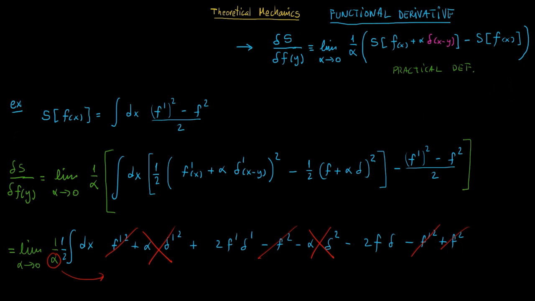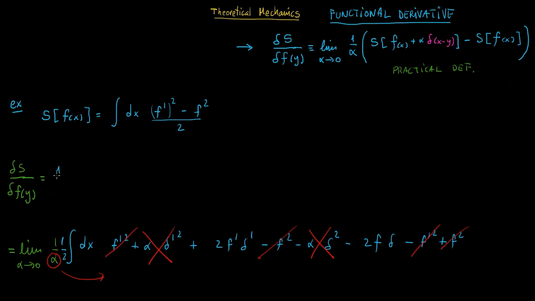So the final result will be 1/2 the integral dx of f prime of x delta prime of x minus y, minus 2 f of x delta of x minus y, and I can cancel this 2 with this 2 here.